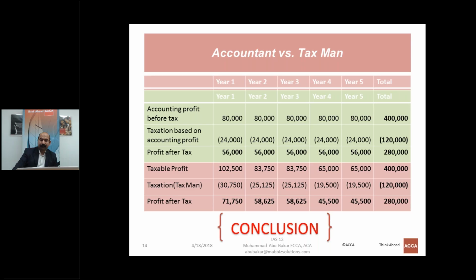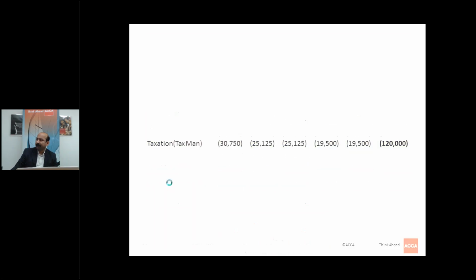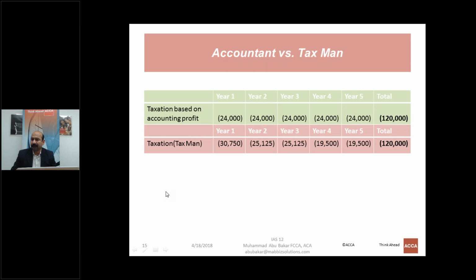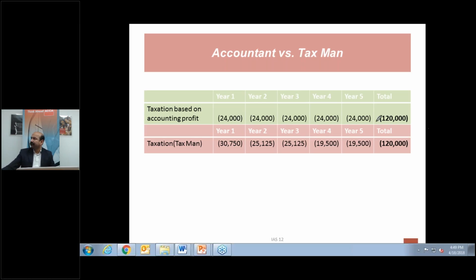So again, this is the simple principle of accrual. This is in fact your income tax expense, 24,000.